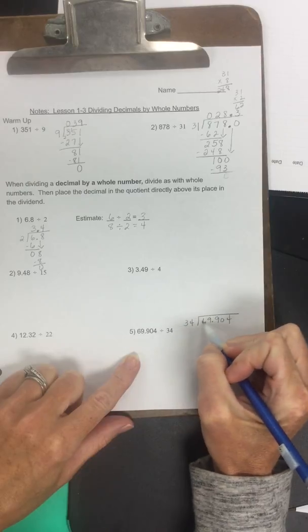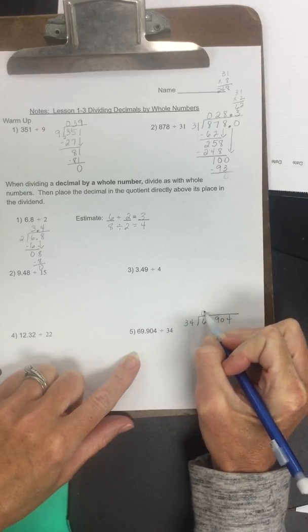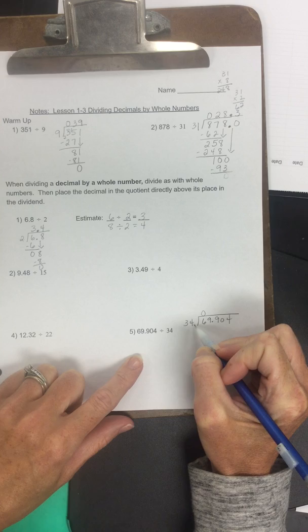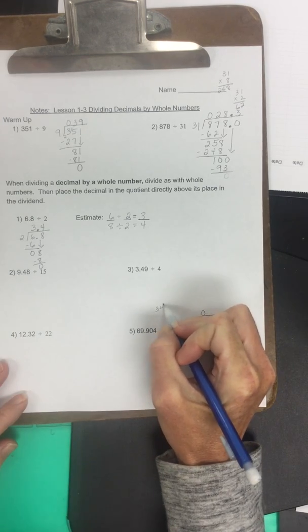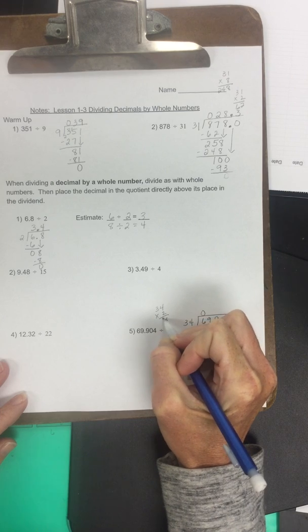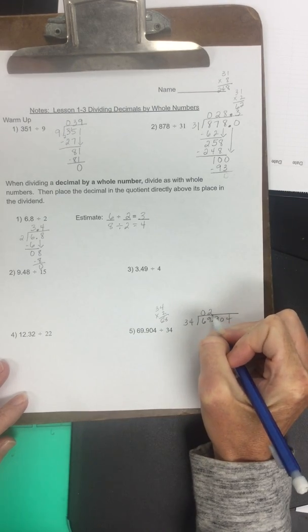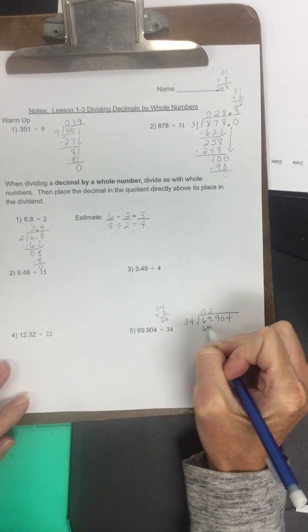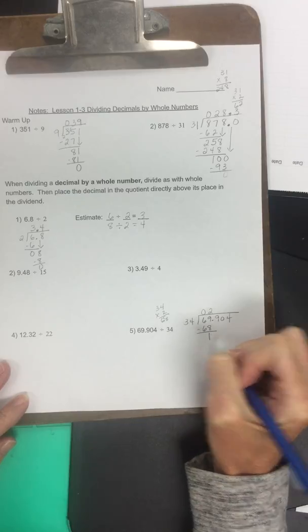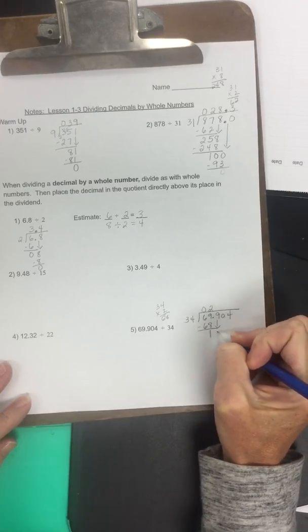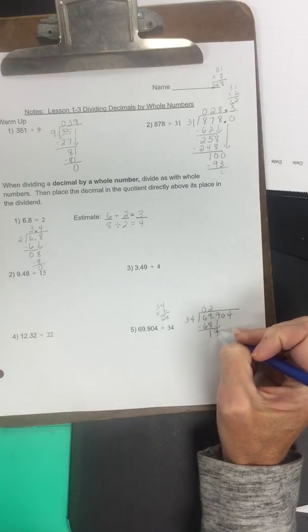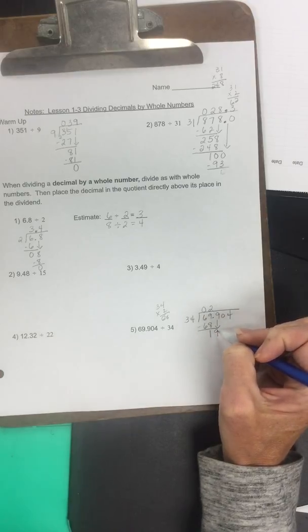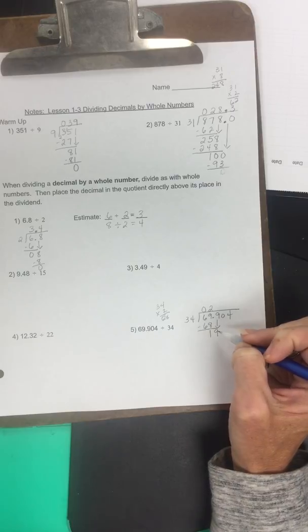Okay. 34 will not go into 6, so you can put an X or a 0. And it's going to go into 69 2 times, I believe. Yep. 2 times 34 is 68. Subtract, we get 1. Bring down the 9. 34 will not go into 19. And this is where I see students mess up sometimes.